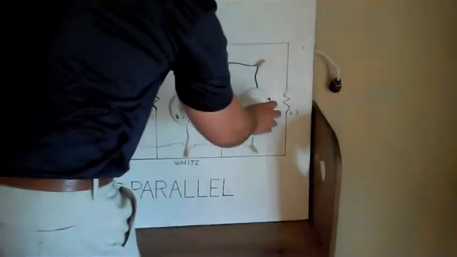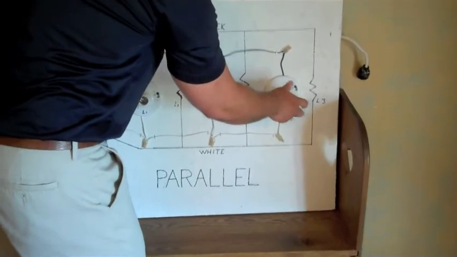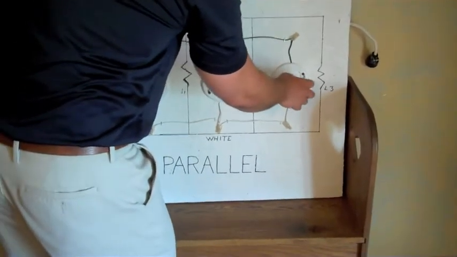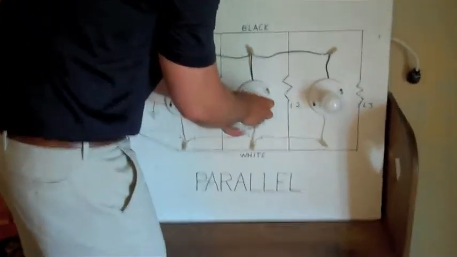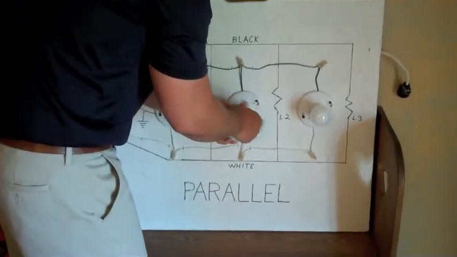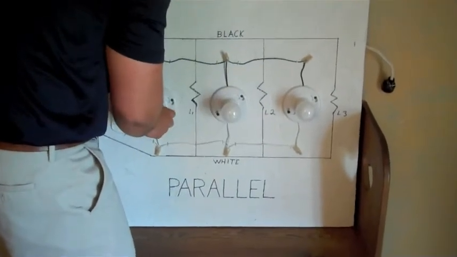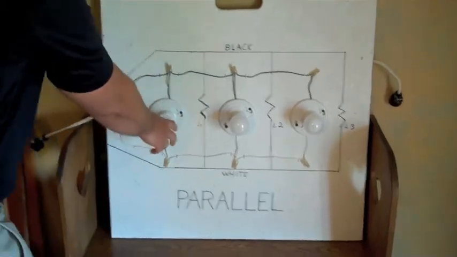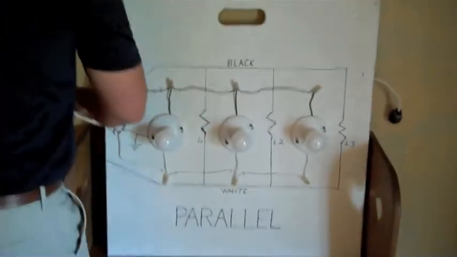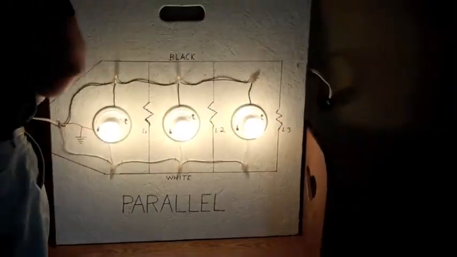So now I'm going to put the light bulbs in to show you what this type of circuit will look like. And now when I plug these in, they're all going to light up.